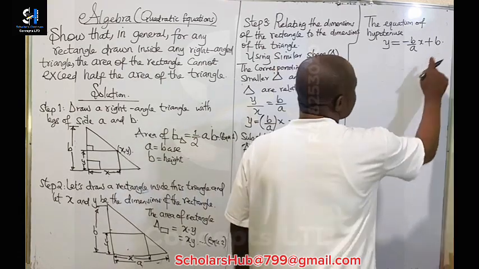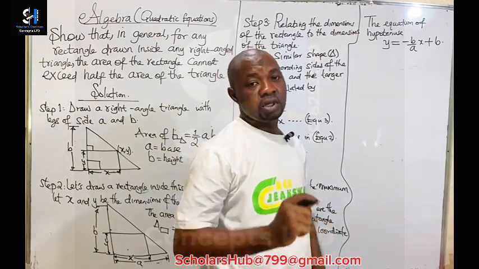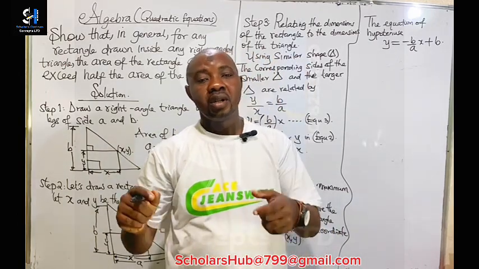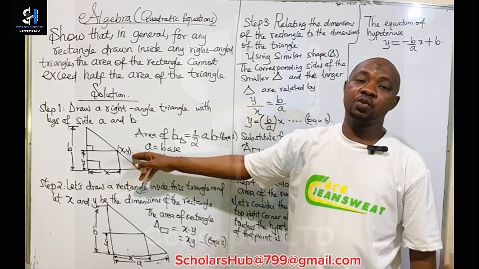Now this is the equation of the hypotenuse, because the coordinate x, y is a point which lies on the hypotenuse, just like what we have here.